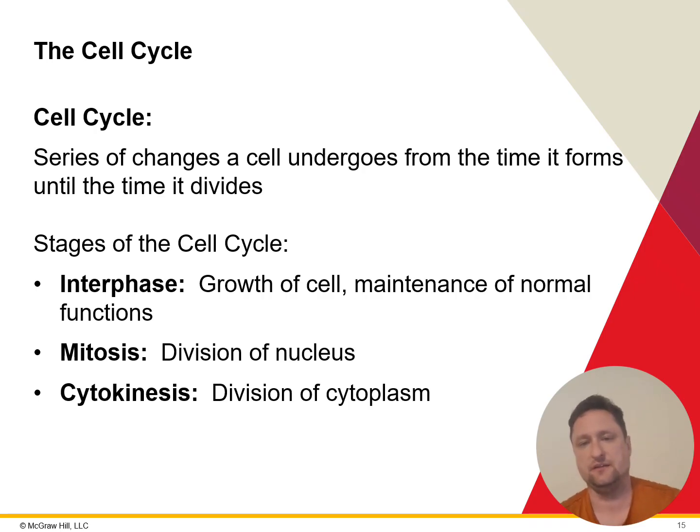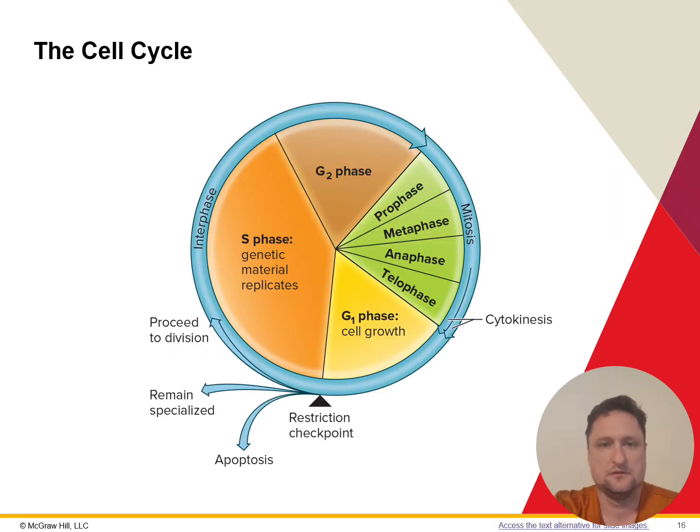So, understanding the cell cycle is vital for comprehending growth, repair, and disease. Okay, so here's a picture of the cell cycle, and we're going to break it all down, but come back to this slide when you're studying if you want to talk your way through it to see if you have a good understanding.